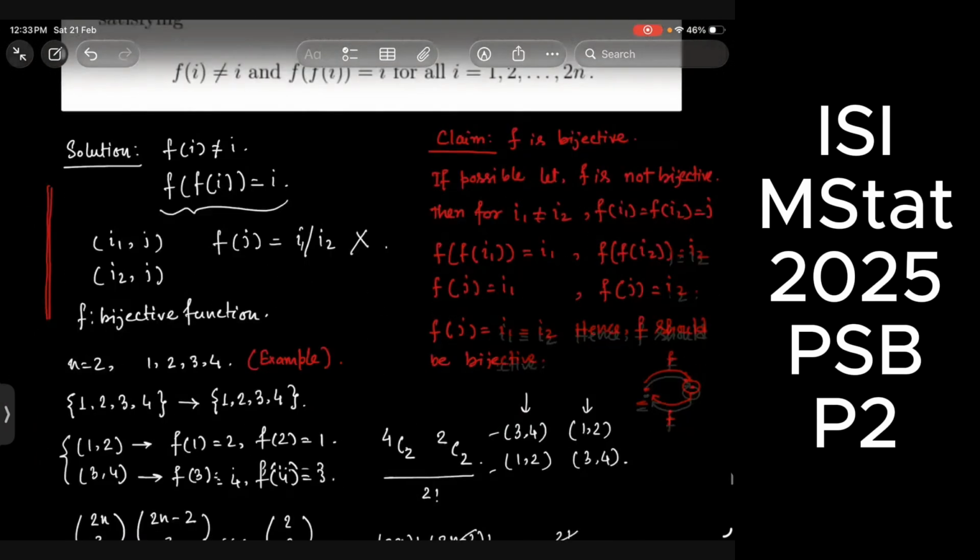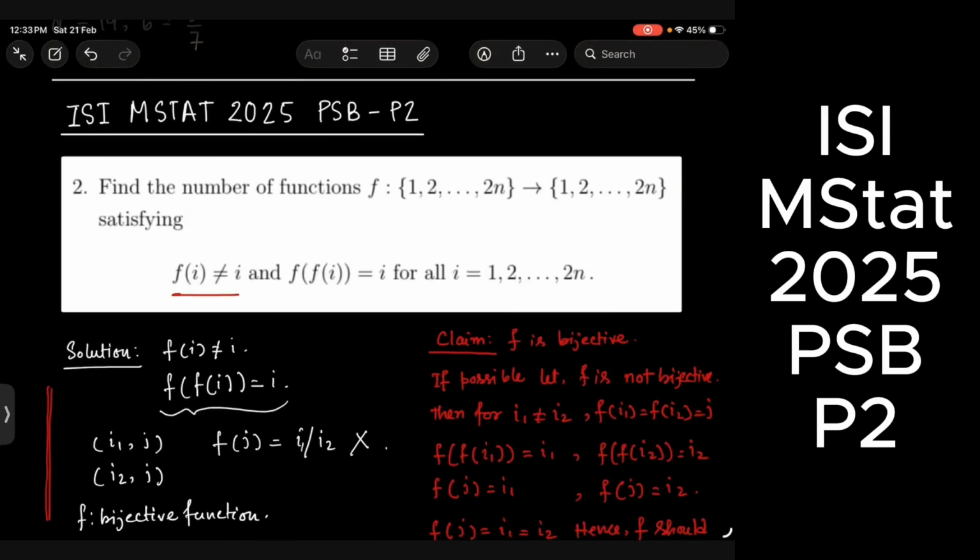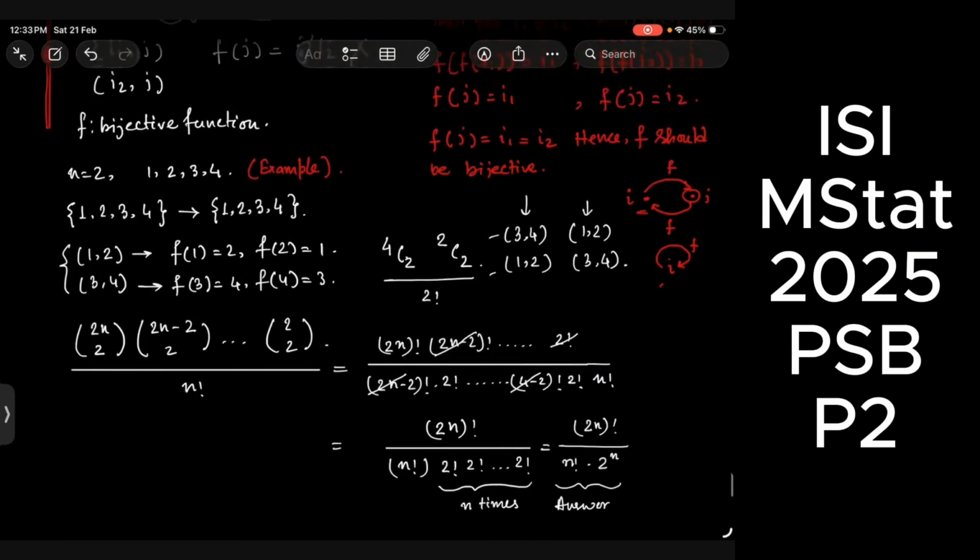And f(i), and this should be ij, and these can't happen. We can't go back like this due to the condition f(i) not equal to i. So we have to pair some two numbers.